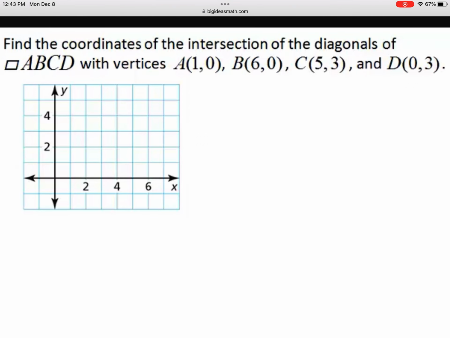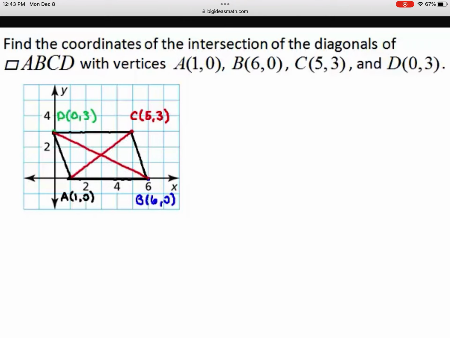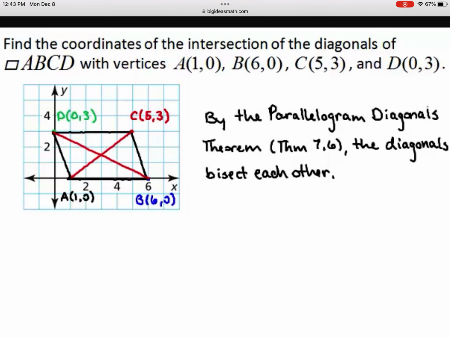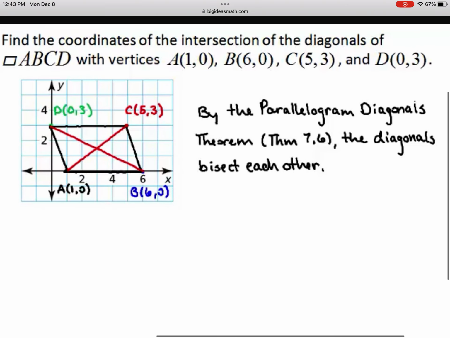Begin by plotting the points A, B, C, and D. Then connect the points using line segments, and draw your diagonals. By the parallelogram diagonals theorem, the diagonals bisect each other. So the coordinates of the intersection are the midpoints of the diagonals, line segment AC and line segment DB.